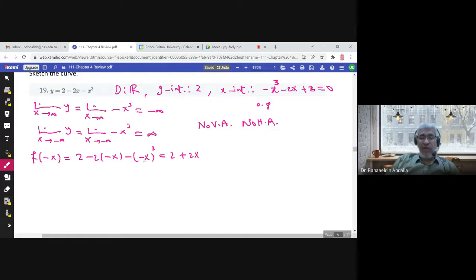This negative will come out, so it would be positive x cubed. And this is not equal to f of x, and it is not equal to negative f of x, because negative f of x is negative 2 plus 2x plus x cubed. So this function is neither even nor odd.